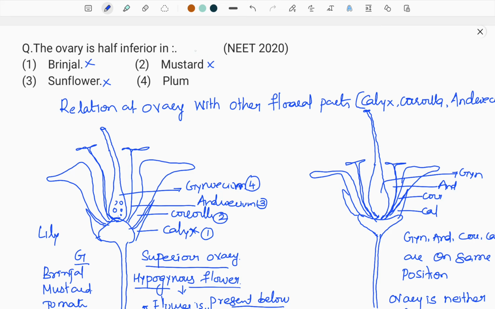For mustard, we write this as superior ovary. So I keep it like this. Brinjal, superior ovary. So I keep a hyphen here. Sunflower, inferior ovary. So I keep a line above the G. And plum, rose, peach, this is half inferior or semi-inferior where the line is kept beside the G, and this is the right answer for the question.